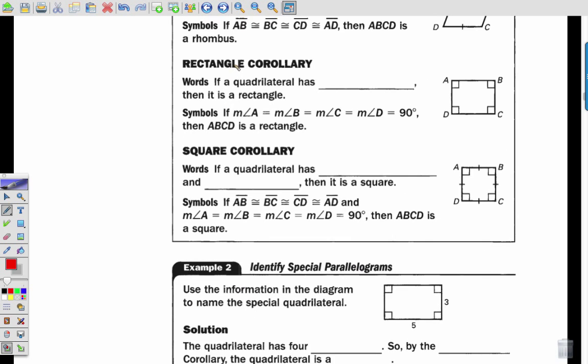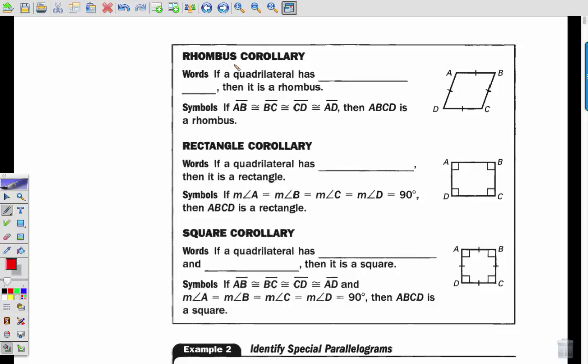When you come back, let's look at some other theorems and extensions of these theorems. So we know that rhombuses have four congruent sides, but if I have a parallelogram or quadrilateral, and I don't know if it's a rhombus, how do I prove it?